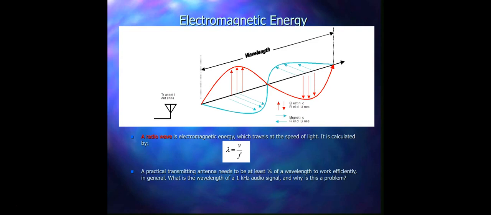And if the polarization is changed, that effect is called Faraday rotation, and it strongly affects radio waves in the high frequency range from 3 to 30 megahertz.